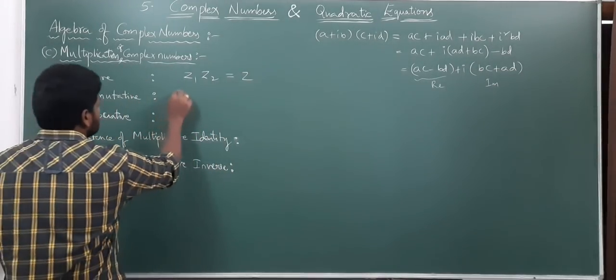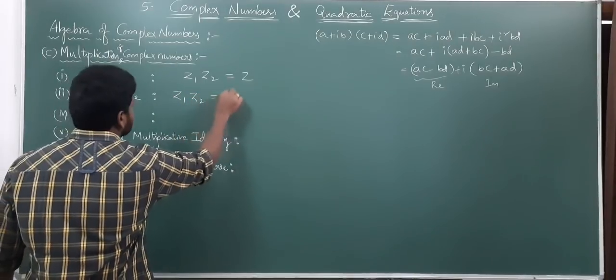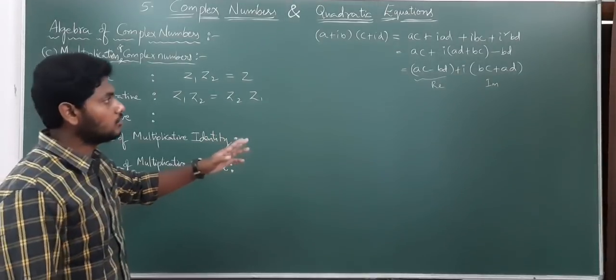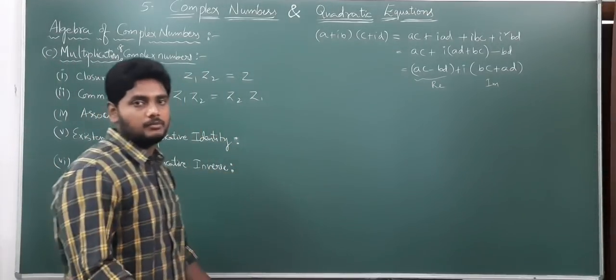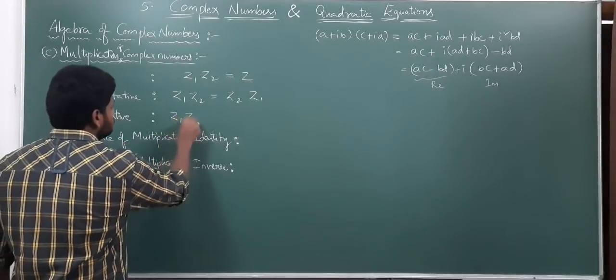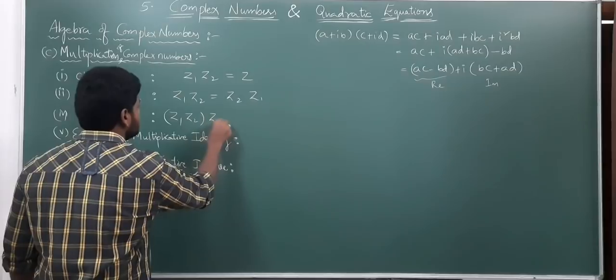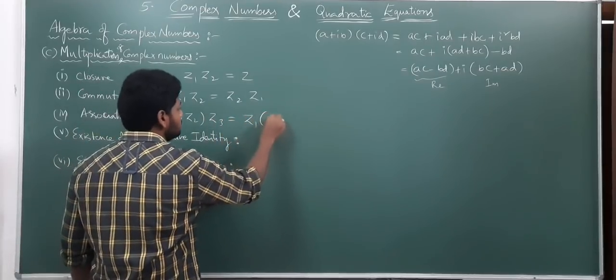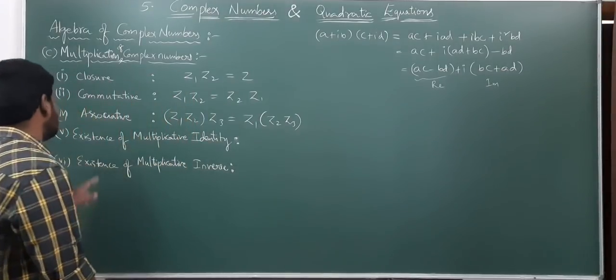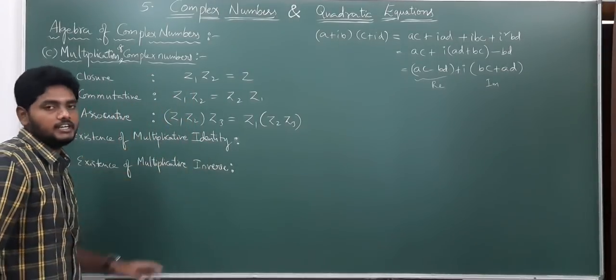Next, commutative: Z1 into Z2 is also equal to Z2 into Z1. You can check this considering any two complex numbers like 2 plus 3i and 5 plus 4i. Associative: Z1 into Z2 into Z3 can also be written as Z1 into Z2 into Z3 grouped differently. Next, existence of multiplicative identity.